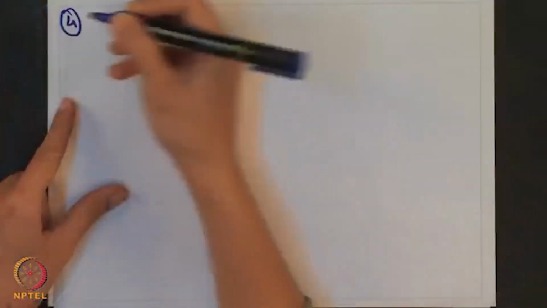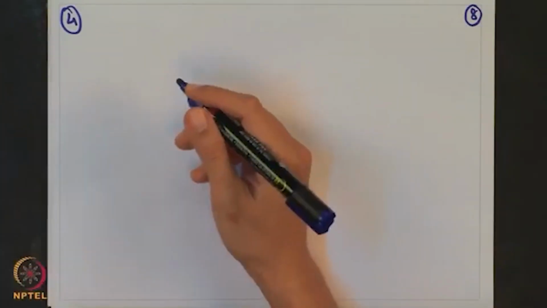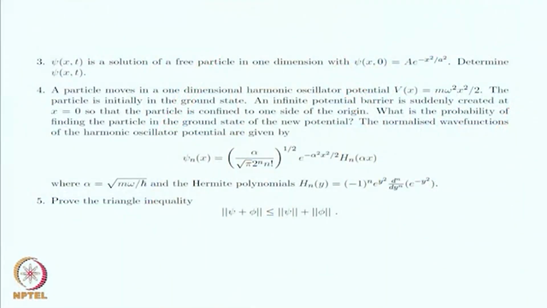So, in this problem you are given a particle which is moving in one dimension in the harmonic oscillator potential, and the particle is initially in the ground state. An infinite potential barrier is suddenly created at x equal to 0.